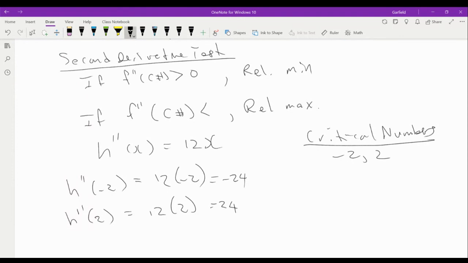Now, all we're interested in is actually the sign. So this is negative 24. Is that a max or a min? It's a max. So we know at negative 2, this is a max. And at 2, because it's positive, then we know it's a min.